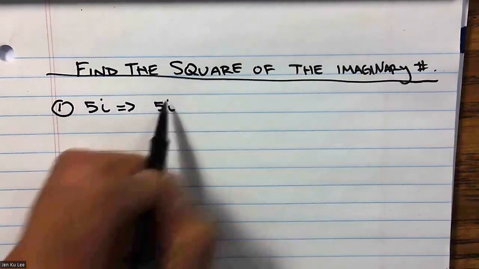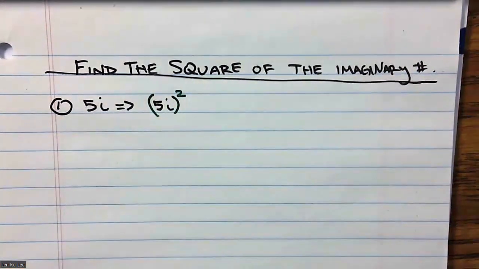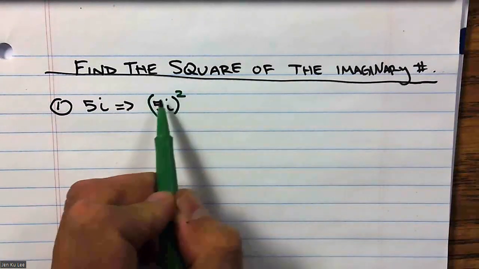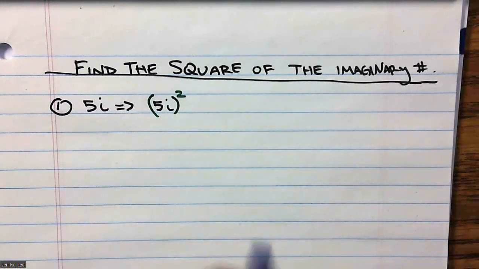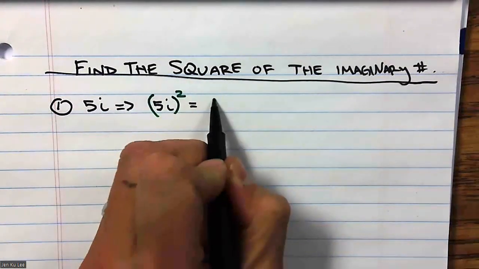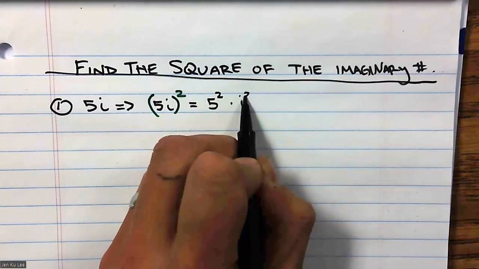So if I take the squared of this, right, literally squaring it, okay, the squared goes to both the 5 and the i. All right? It's somewhat like the distributive property. Okay? So 5 squared times i squared.